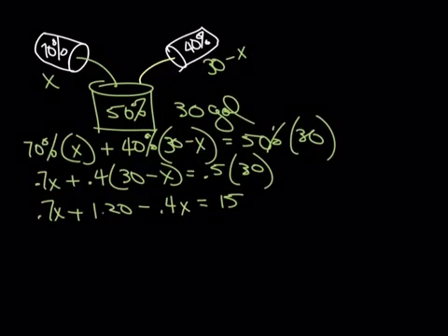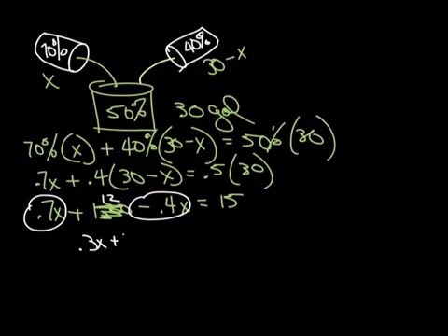Okay, sorry, it is not 1.2, it's 12, isn't it? I'm going to have to fudge that up there. Okay, so 0.7x minus 0.4x is 0.3x plus 12 equals 15.